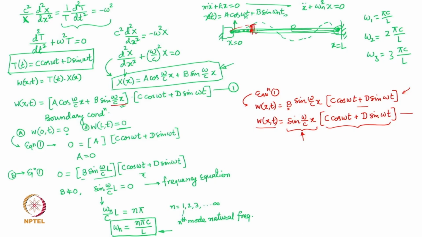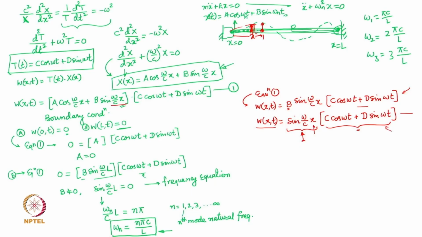So the maximum value of the translatory displacement, the lateral vibration of the string, is governed through this particular function, and that motion is going to be harmonically varying given by the second time function. The bracketed second quantity defines the time variation of the response at any point. So the position, sin(omega by c x), will give you the maximum value at any particular position x, and that vibratory motion in terms of time will be governed by this harmonic time function.